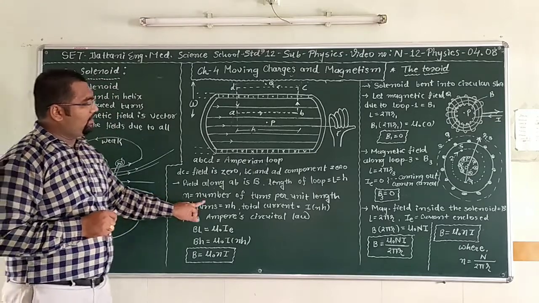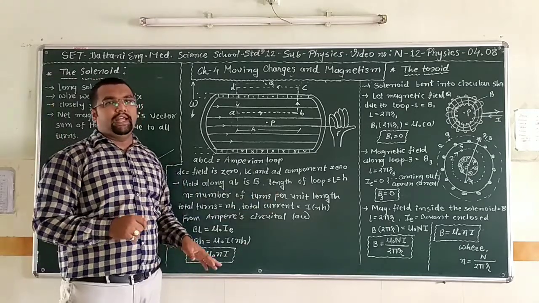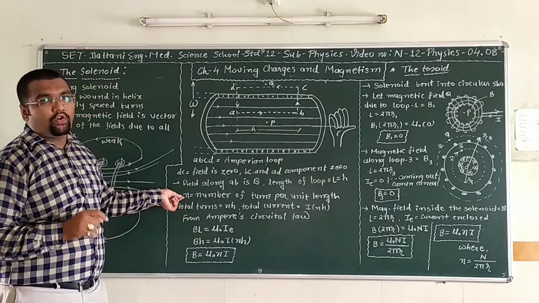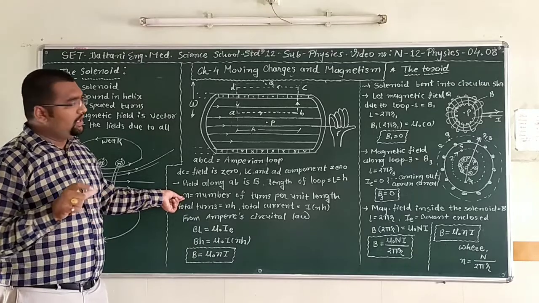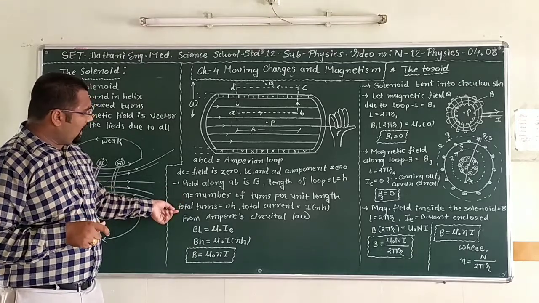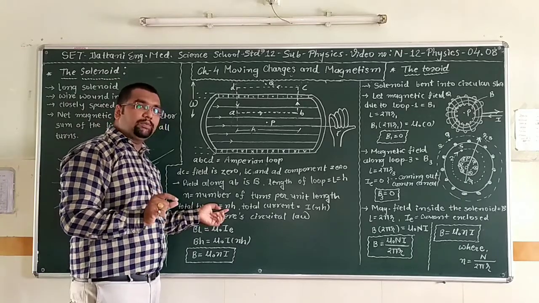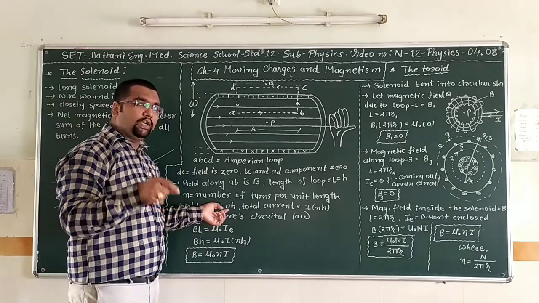We have denoted here small n as the number of turns per unit length. Now total turns equal the number of turns per unit length times the total length.